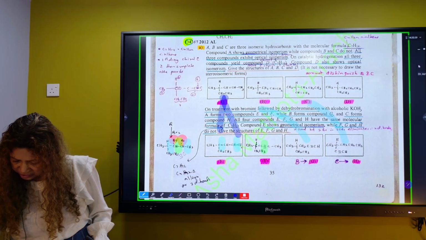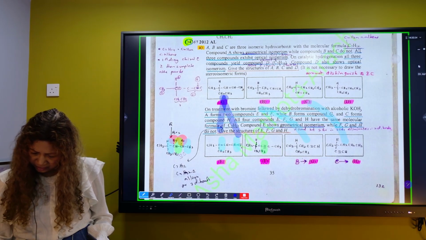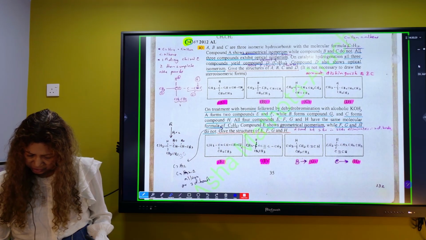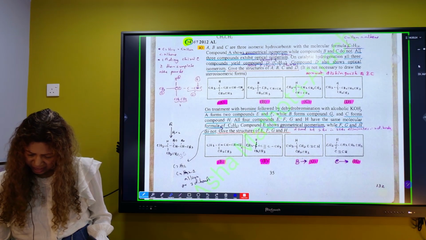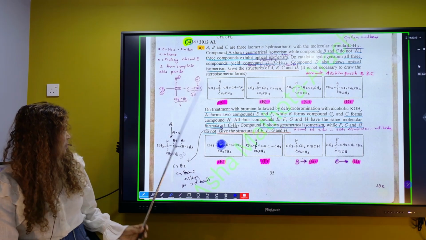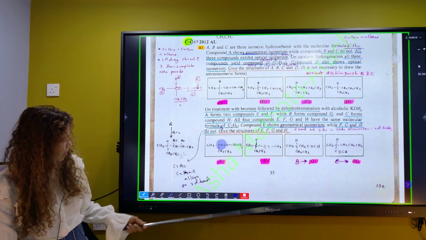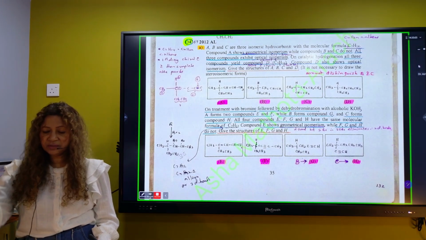Compound E shows geometric isomerism while F, G and H do not. Compound E, this one here. This color is showing this geometric isomerism, cis-trans. Others, there are none. Clear? How beautiful these answers are.